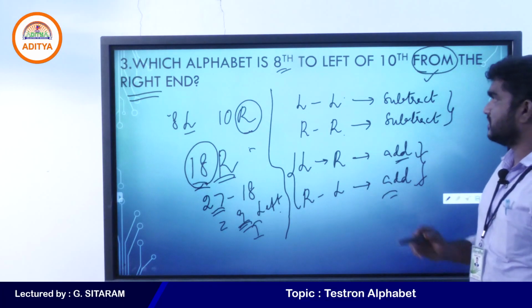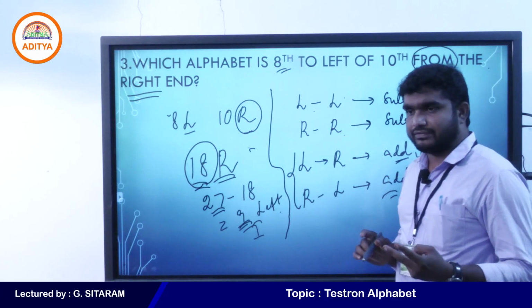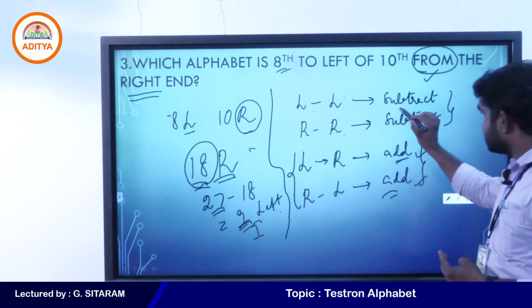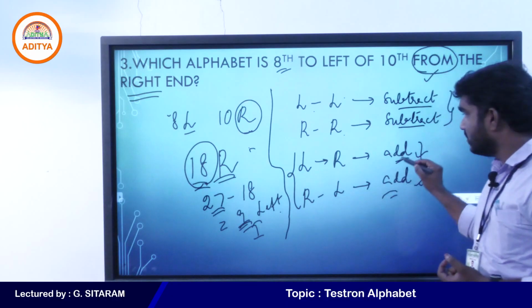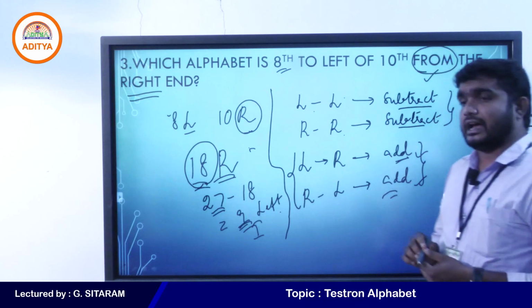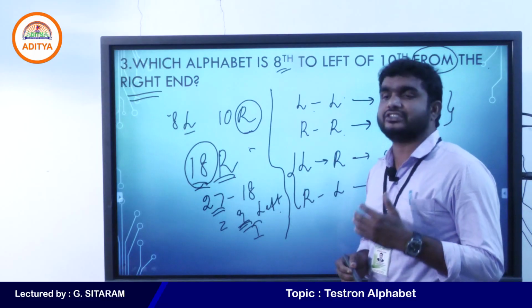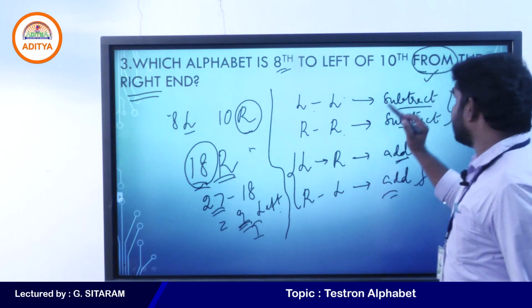So look at the board. If both are in the same direction, left and right, you have to just subtract both those values. If both are in different directions, you have to just add those values. Okay, right. Then after adding or subtracting, which direction do you have to take? A simple technique is there.